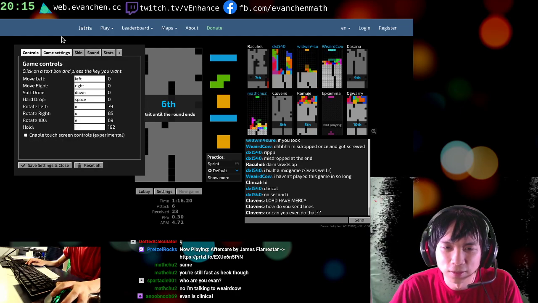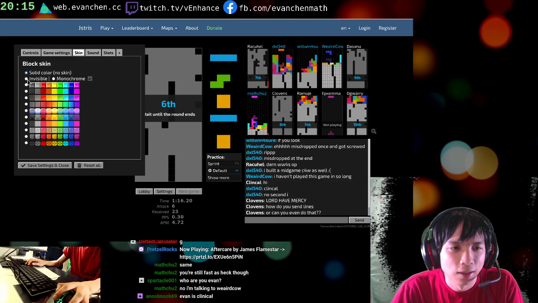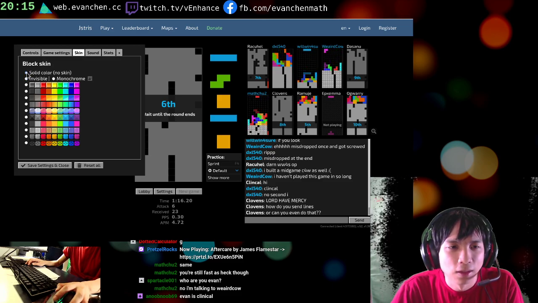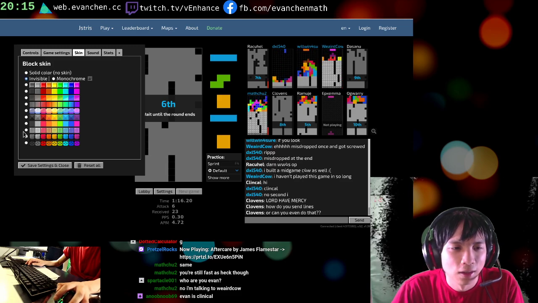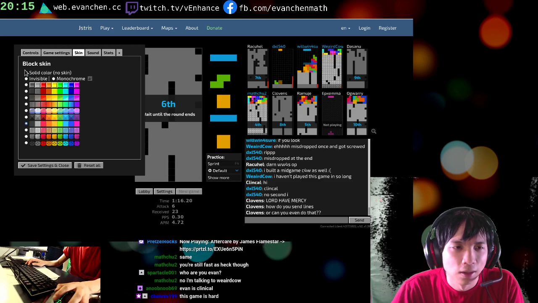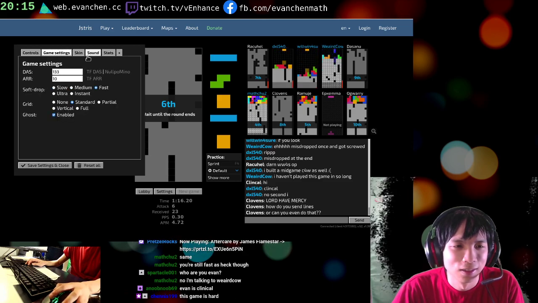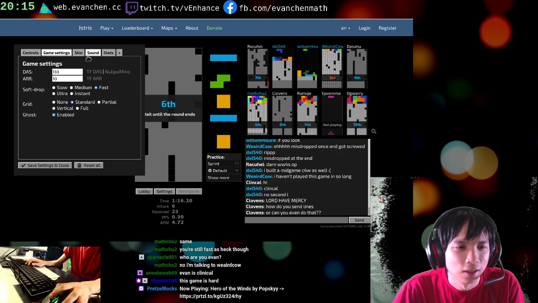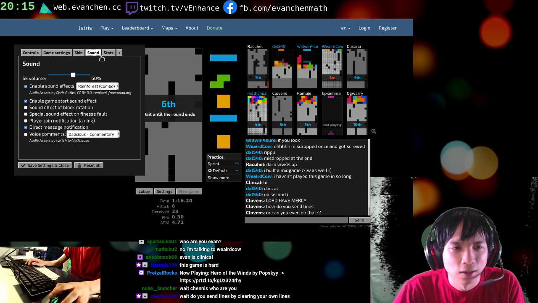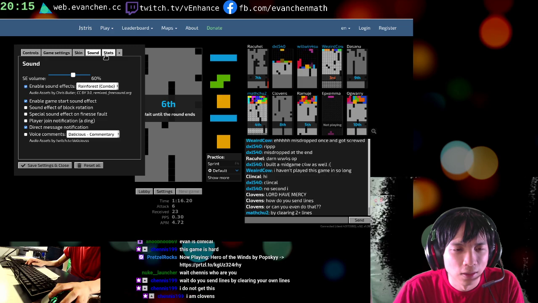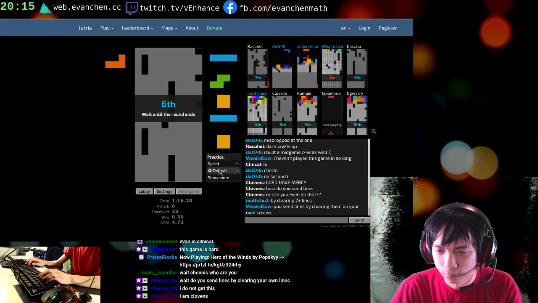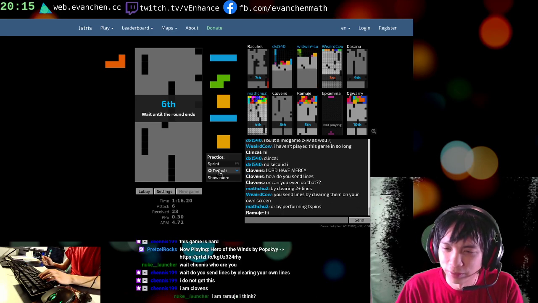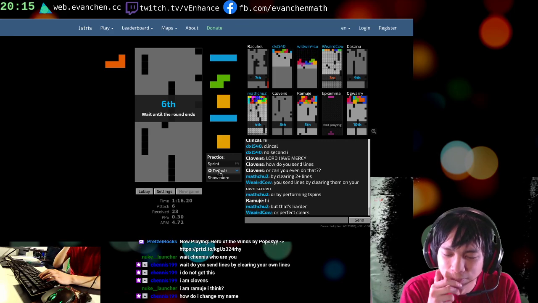Oh, wait, can I get different skins or something? I probably shouldn't. It's too distracting at this stage. Oh, lines are only sent when you clear 2+ lines? Okay.